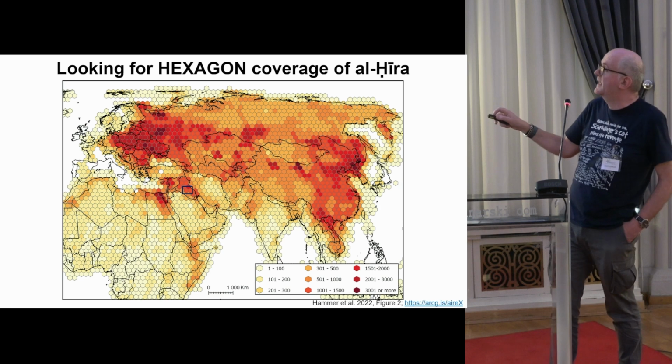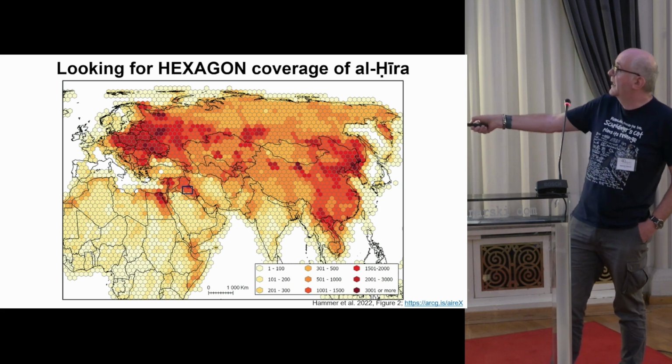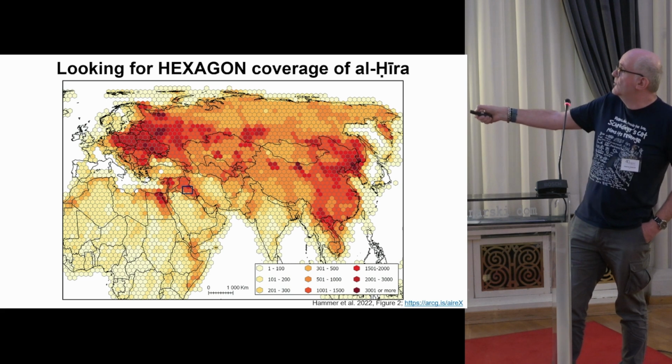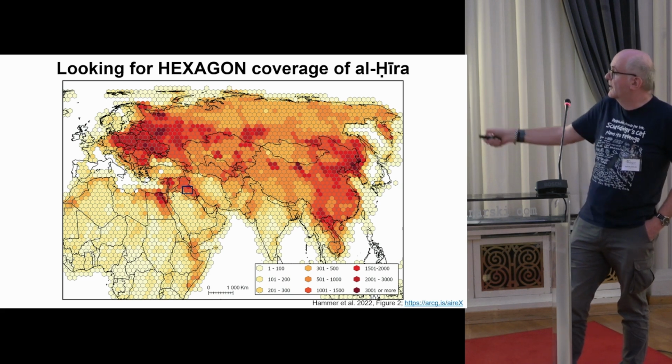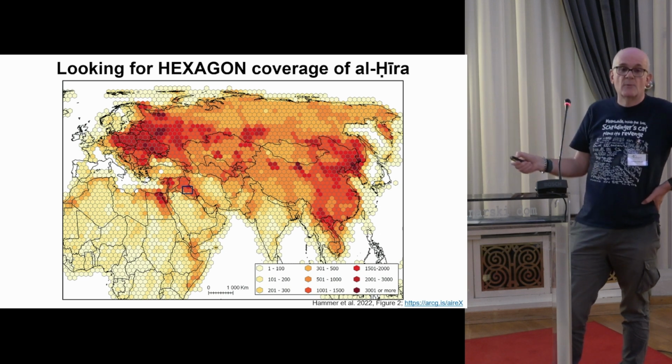It's an American system, so not surprisingly, it was looking at Eastern Europe, the Soviet Union, Southeast Asia, but also the Middle East as well.